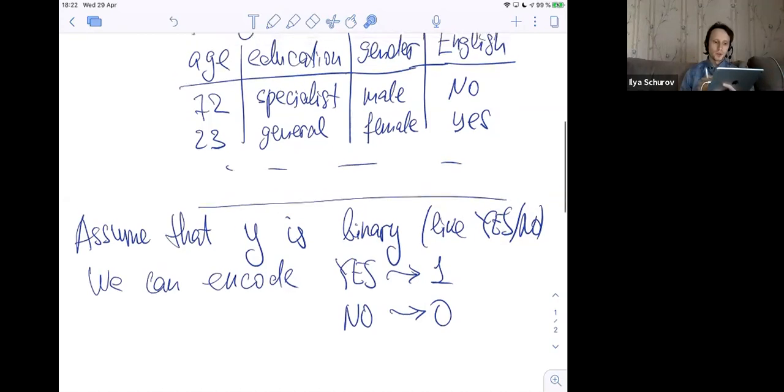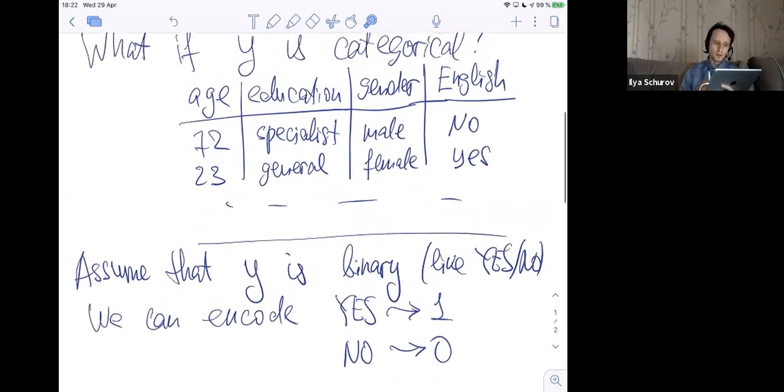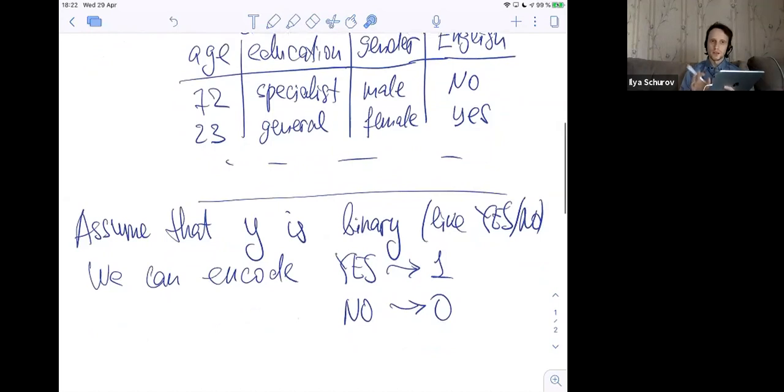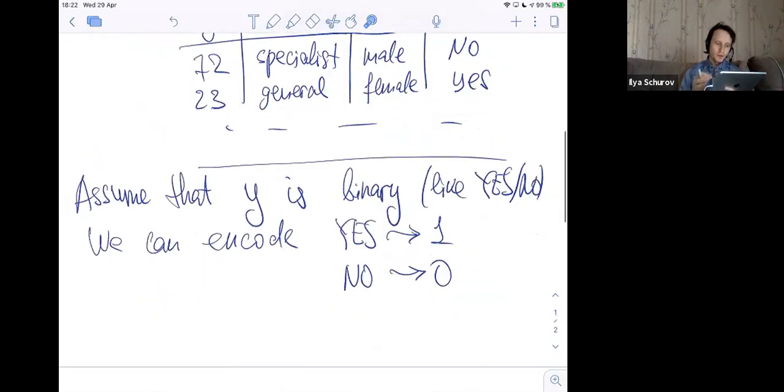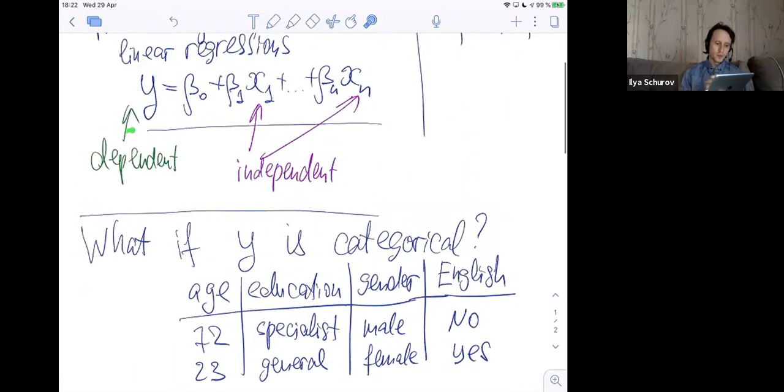But I'm not sure that you will get meaningful results. This is the same case as we discussed previously when we discussed encoding categorical independent variables, because the problem here is that numbers have some numeric meaning. They have some relation between them, and actually this formula relies on this meaning.